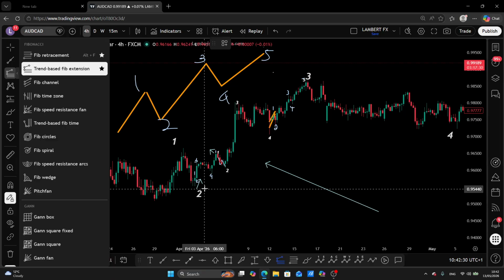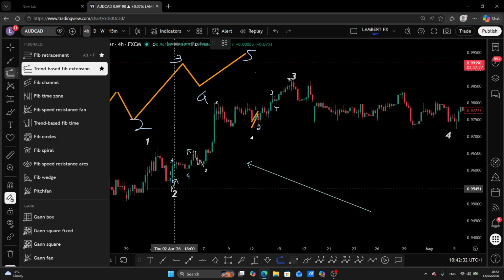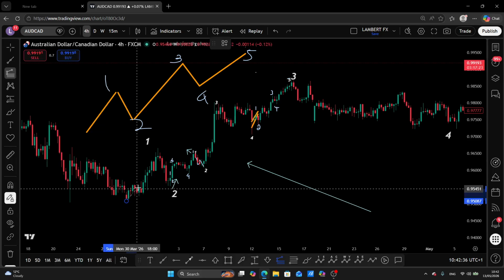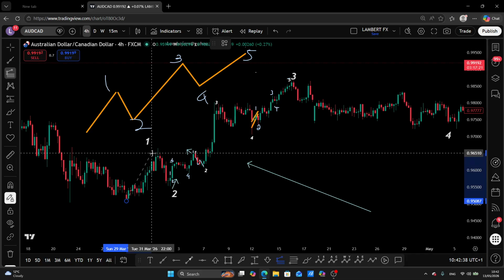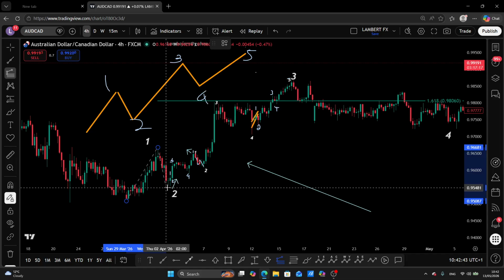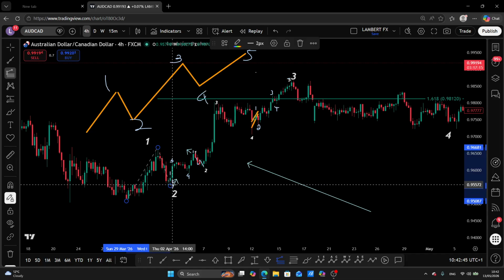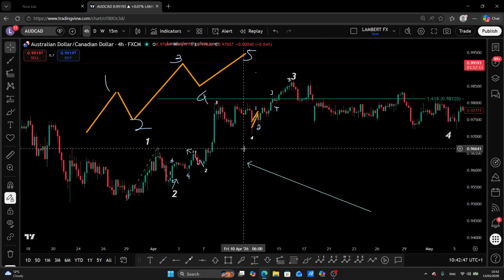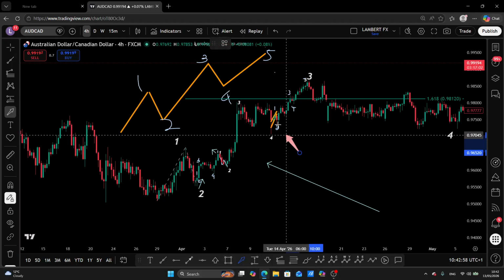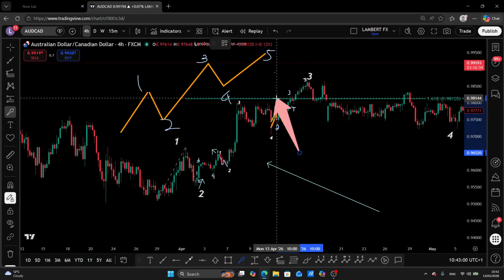You plot from the origin, you start from the origin of 1, which is this low here, to your 1, then down to where your 2 completed. So your 3 should be at 1.618, and the 1.618 was right this green line here.